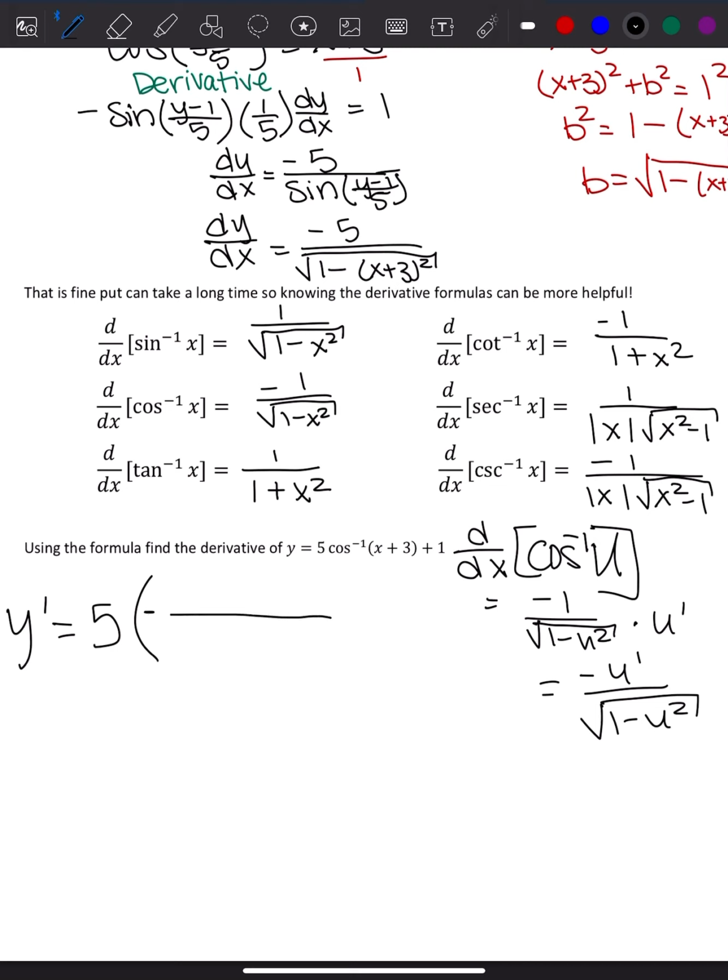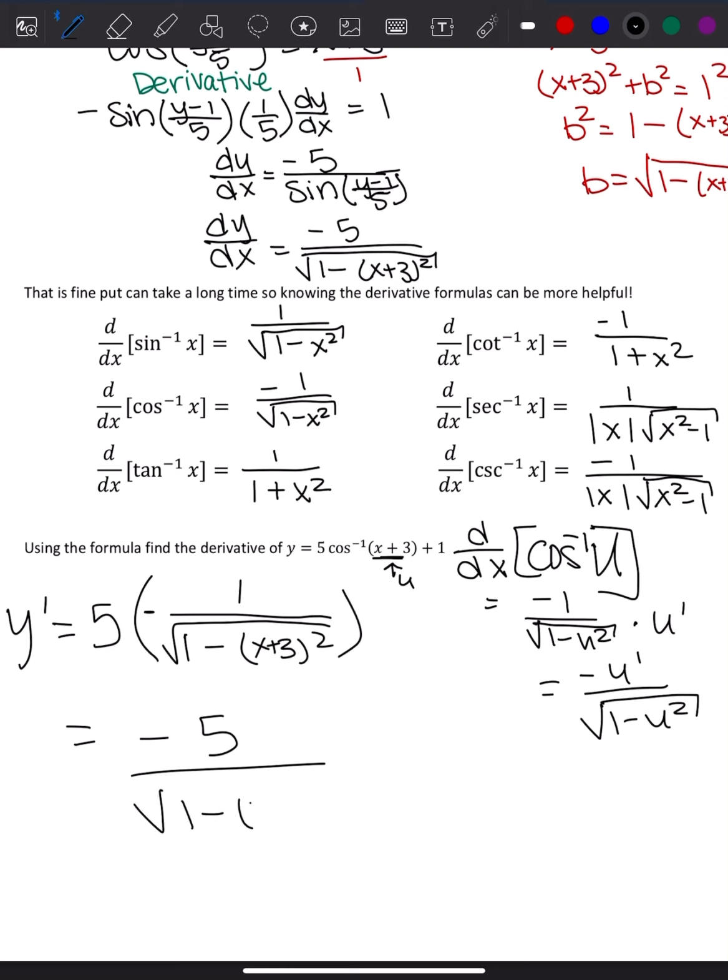So I have a negative, 1 minus u squared. Well, u in our case is the stuff inside our parentheses, so all of this right here is u. So we have an x plus 3. And then in the numerator, we want the derivative of x plus 3, which happens to be 1. If I multiply those together, negative 5 over the square root of 1 minus (x plus 3) squared, done.